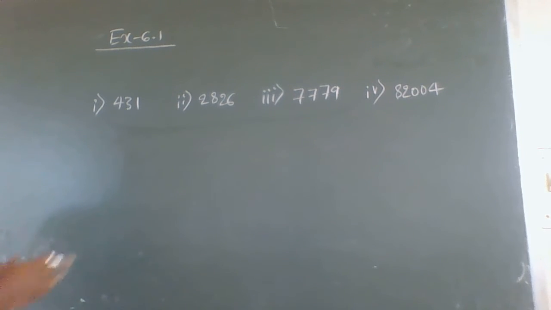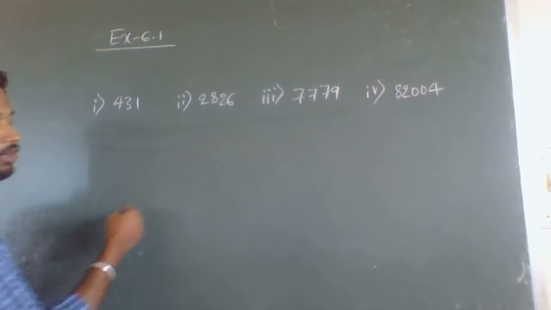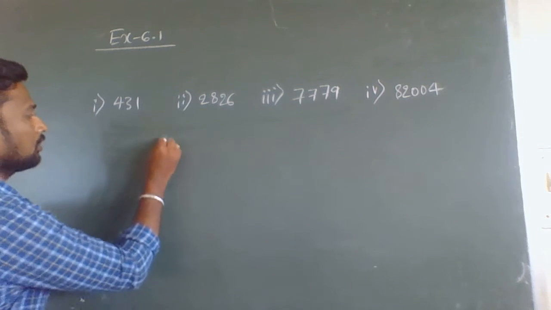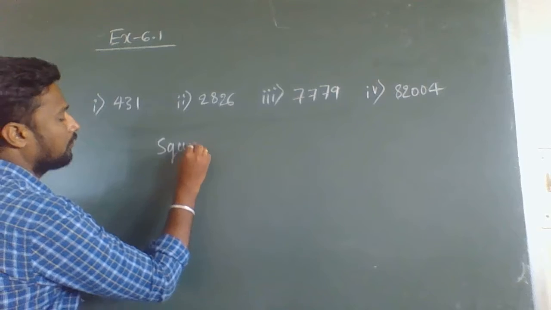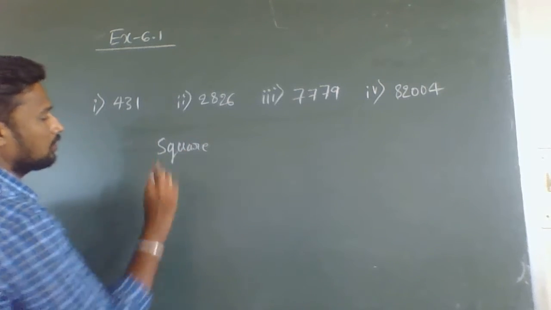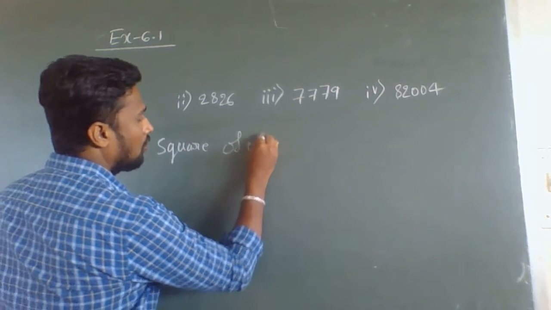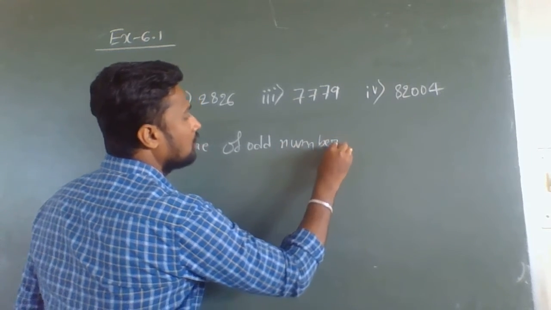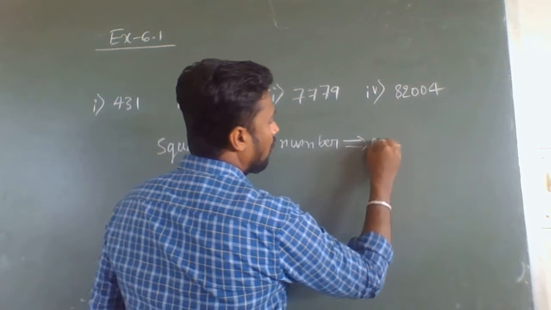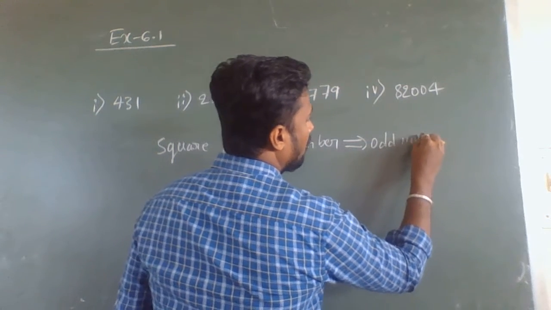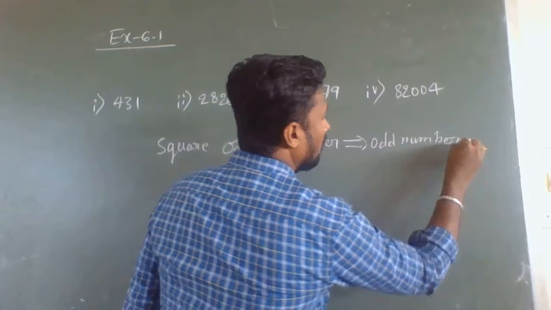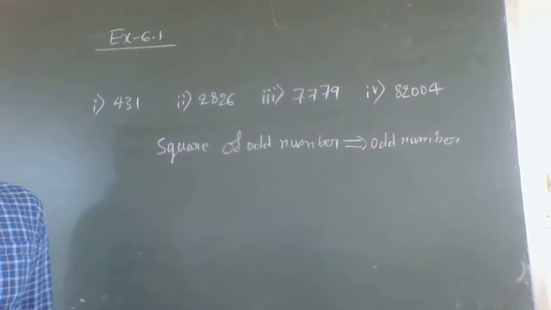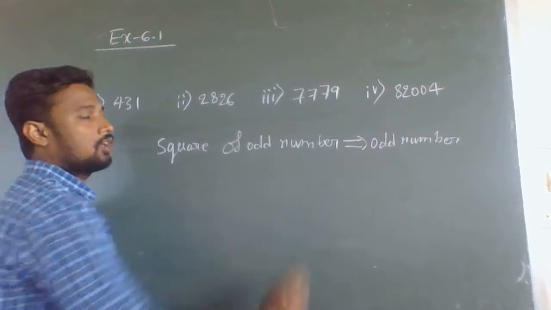Before going to these problems, I will discuss one of the most important properties. What is that? Always the square of an odd number equals an odd number only.